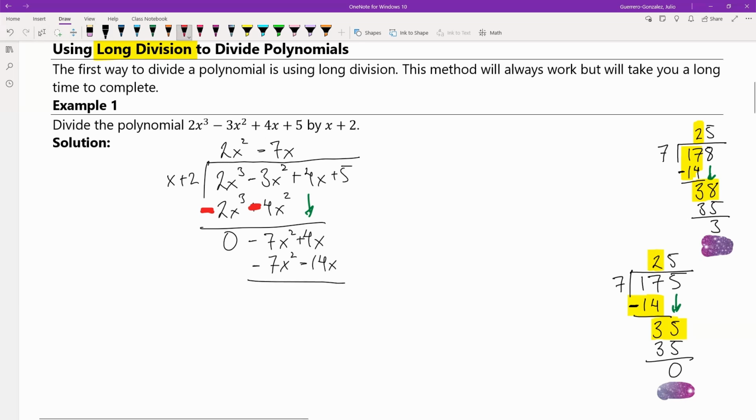Okay, here we're at the switching of the signs again, right? So I have to make this positive, positive. That cancels this out. Here's 0, so 14 plus 4, that is 18x. And here we go again. We have to drop the plus 5.